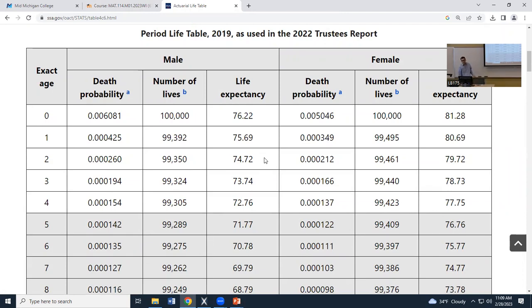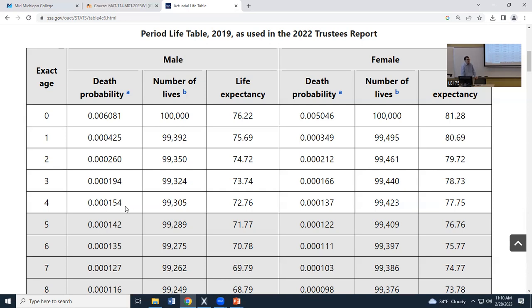Now, the Social Security Administration breaks down their table into a number of different categories. It's kind of like a contingency table in some ways. They group by male and female, and then they group by age. Based off of data that they have collected, they say a 4-year-old male's probability of dying would be 0.000154.